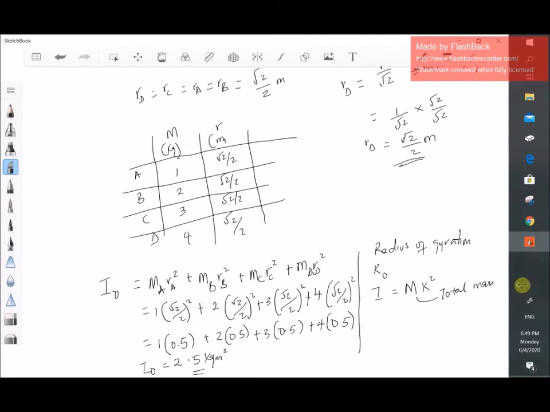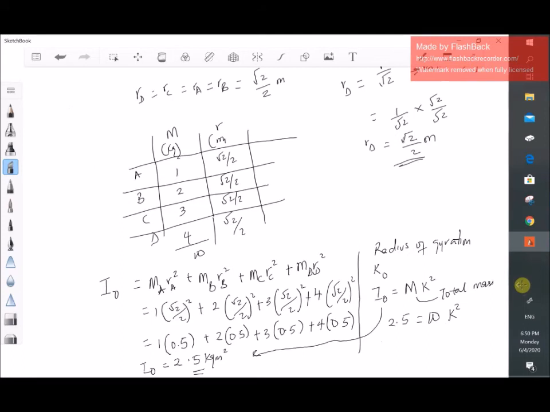My moment of inertia at the center is 2.5, so we have 2.5 equal to the combined mass, which is 10, times k squared.